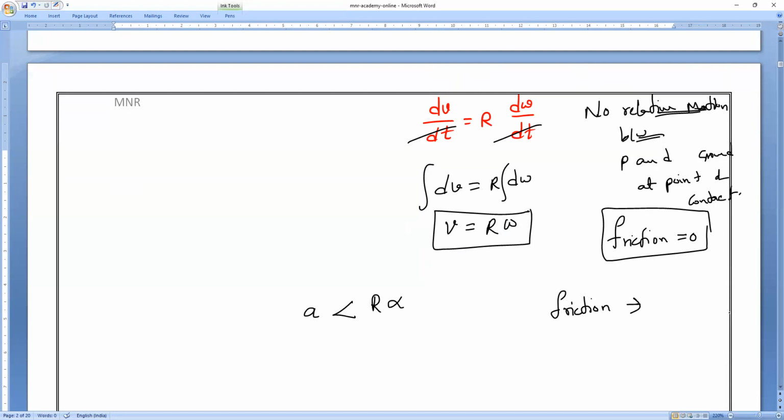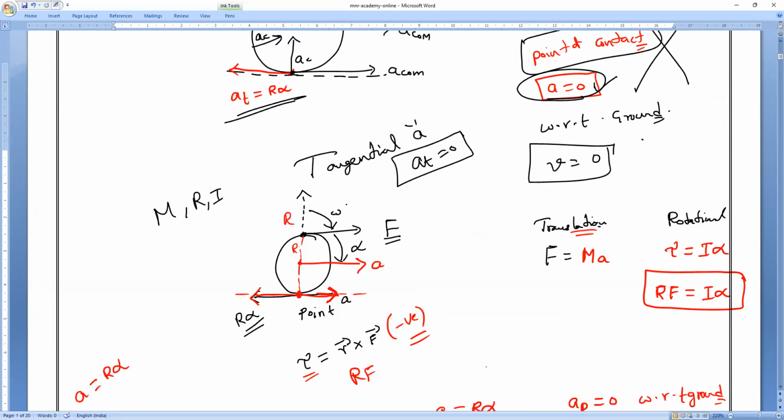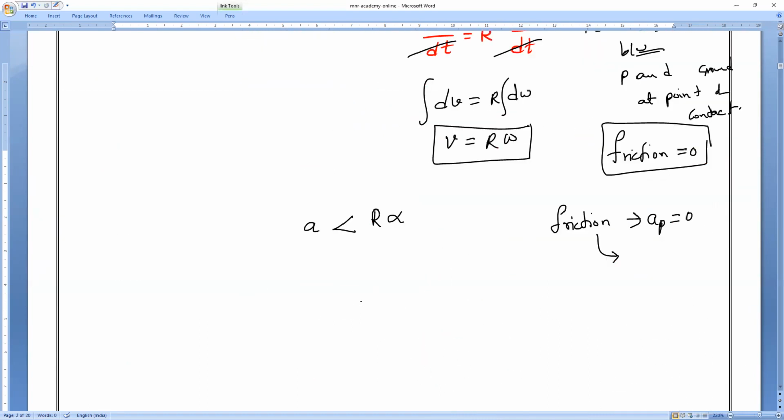So mu mg, is it static friction or kinetic friction? Static friction.